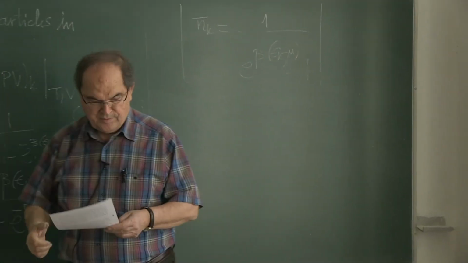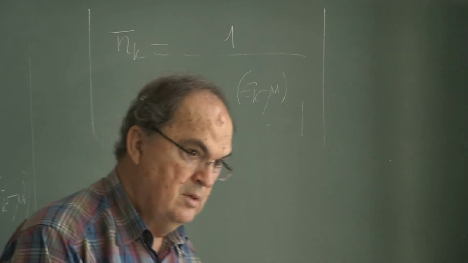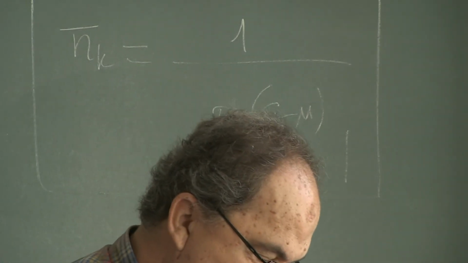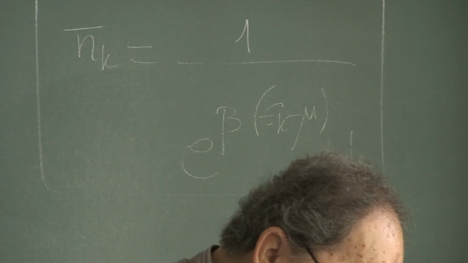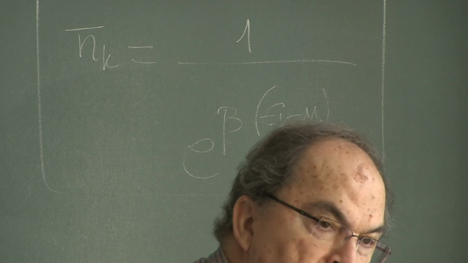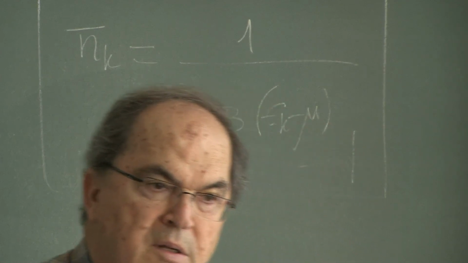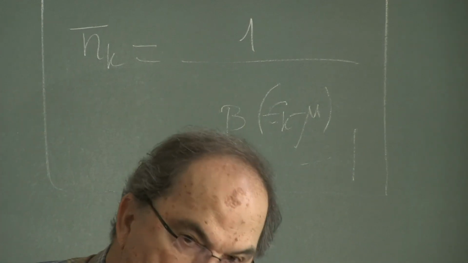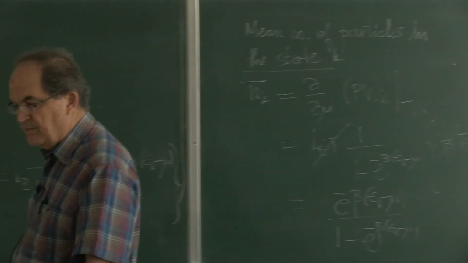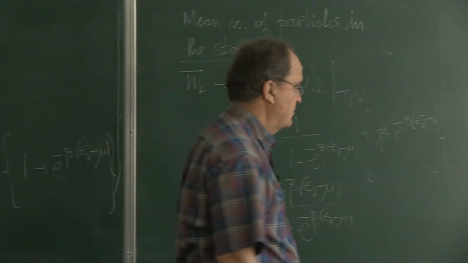Have you seen this before? It is the Fermi-Dirac distribution function. So the Fermi-Dirac distribution function is nothing but the average number of particles in a single particle state, isn't it? That's the Fermi-Dirac distribution function.